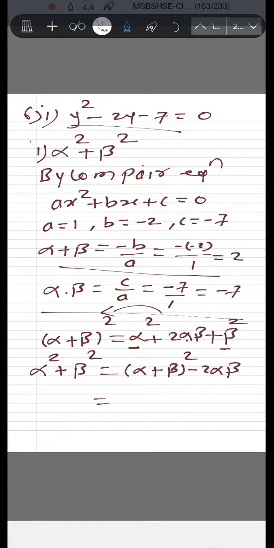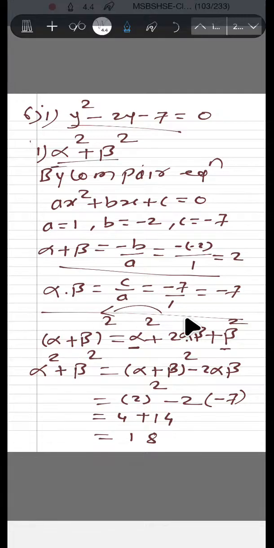So alpha plus beta is 2, so here I put 2 squared minus 2 times alpha beta, which is minus 7, so 4 plus 14, which is equal to 18. So the value of alpha square plus beta square is nothing but 18. That's it. It's a very important concept here. You have to use alpha plus beta. Simply what I did here is keep alpha square plus beta square here, and the 2 alpha beta comes to this side, therefore negative 2 alpha beta is there.